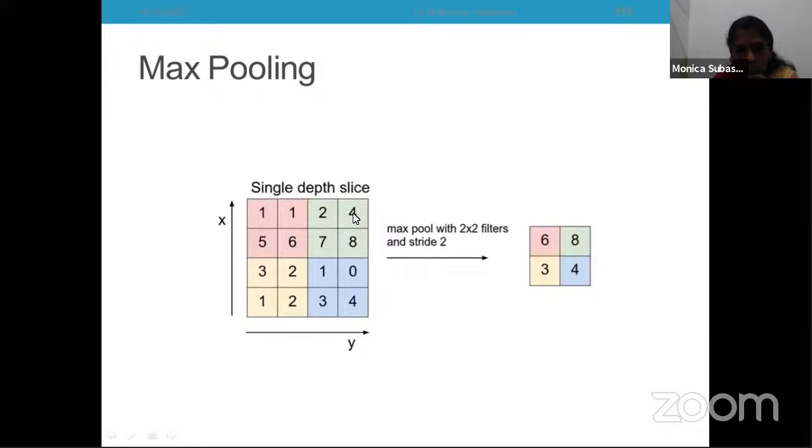When I moved, 2, 4, 7, 8, which is the maximum one? 8 is going to be the maximum one. Next 3, 2, 1, 2, which is the maximum one? 3. So just consider 3. The output would be 3. 1, 0, 3, 4, 4. So now we have applied maximum pooling layer and we have got the most important predominant feature of that particular image. This is the usage of pooling layers.